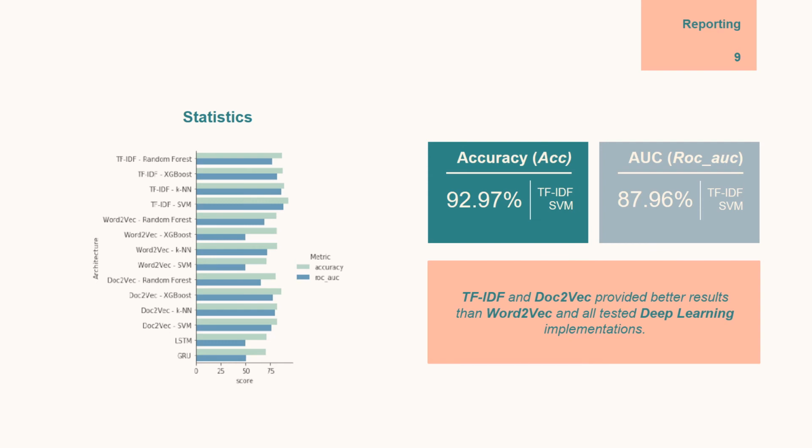The best results obtained were in fact a little below 93% accuracy and a little below 88% AUC for TF-IDF combined with a support vector machine. TF-IDF and Doc2Vec provided better results in general terms than Word2Vec and all tested deep learning implementations.